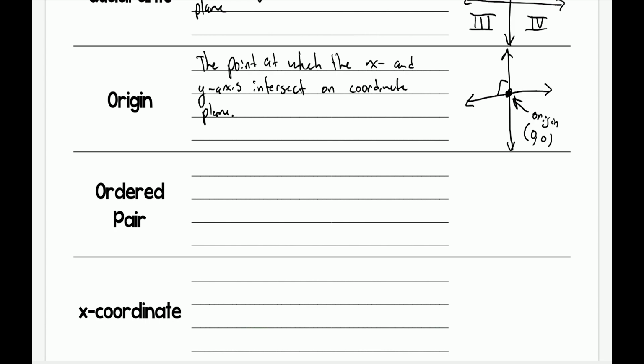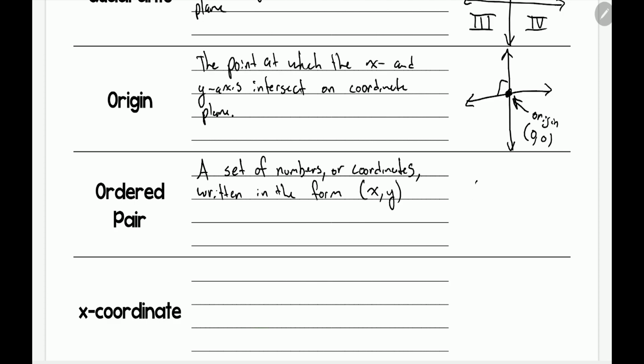Next is, what is an ordered pair? So an ordered pair is a set of numbers or coordinates written in the form (x, y).